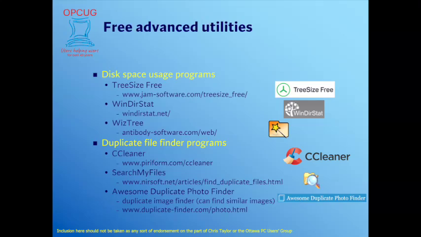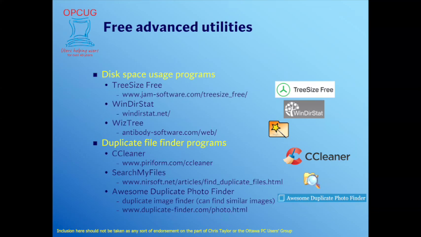Duplicate File Finder, if you have duplicate files that are maybe using space for no good reason. CCleaner does have a built-in duplicate file finder in it, so you can always go to that. Search My Files from Nirsoft, that's another useful utility for finding duplicate files.